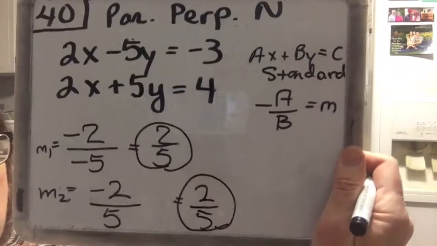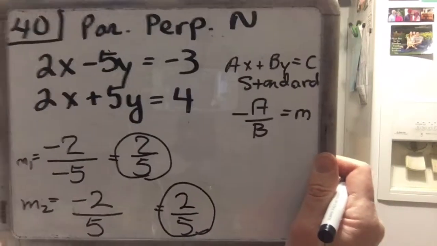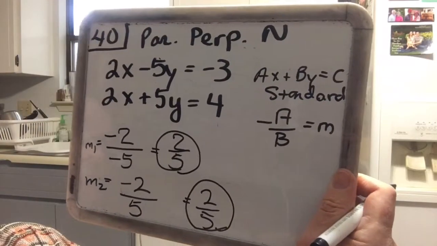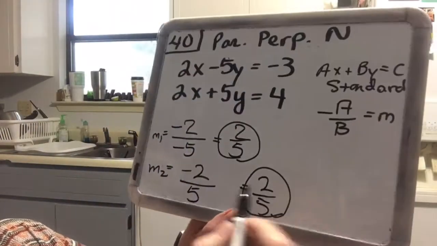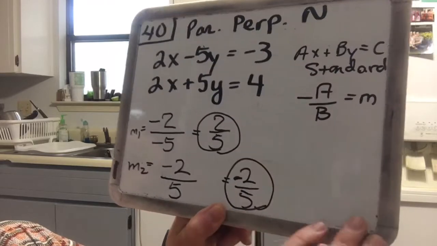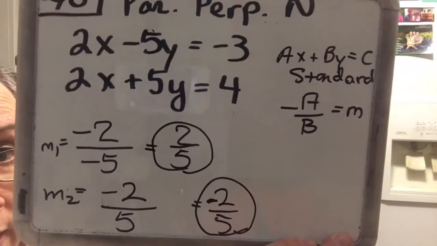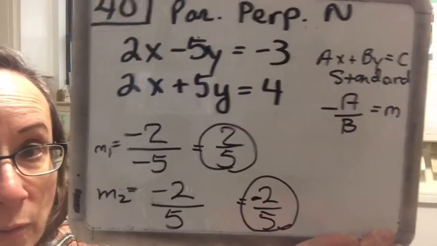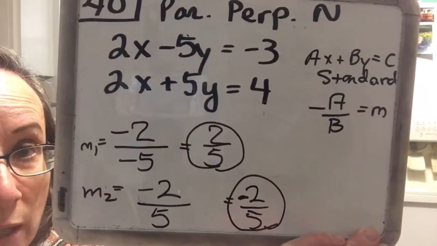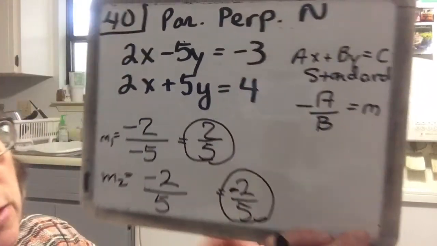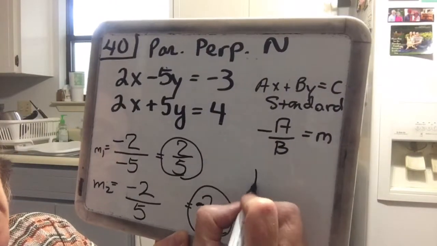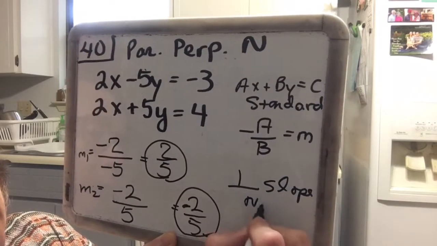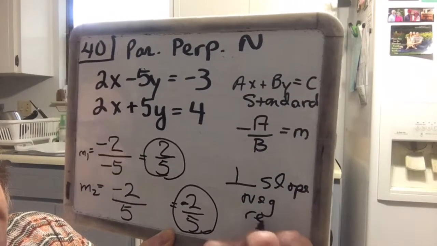Okay, so we found the slopes, and if we are parallel, we have the same slope. One is positive, one is negative. They are not the same. Whoops, I didn't write that negative very well, did I? Okay, one is positive, one is negative, so they are not the same. So they can't be parallel, but they do not meet the qualification for perpendicular, because remember, perpendicular slope is the negative reciprocal.